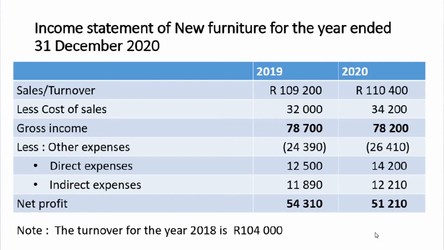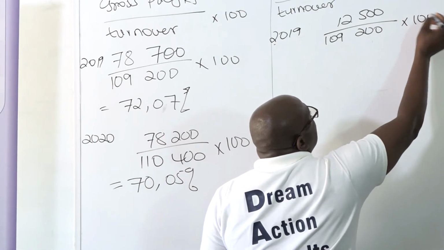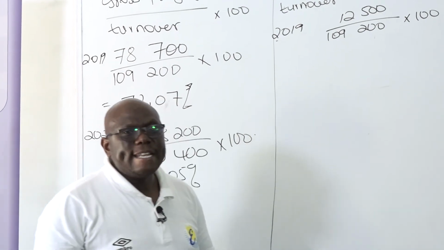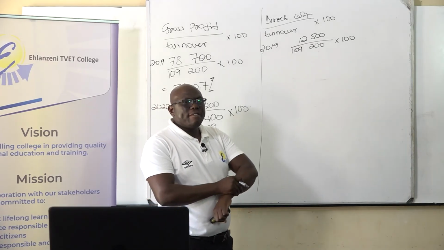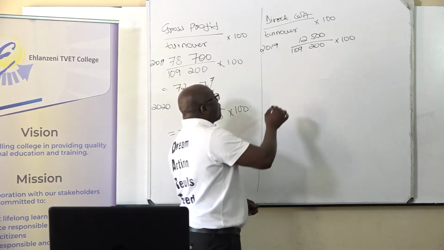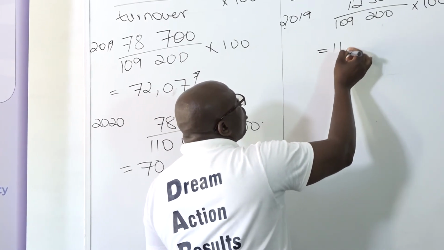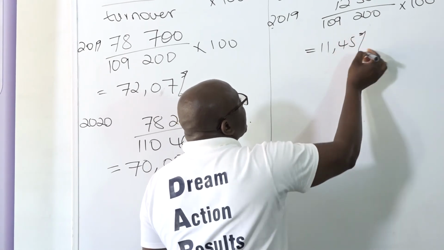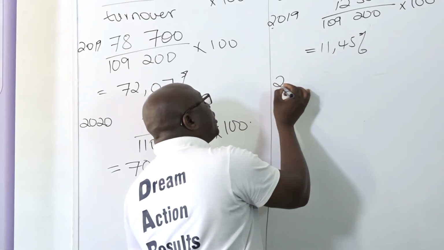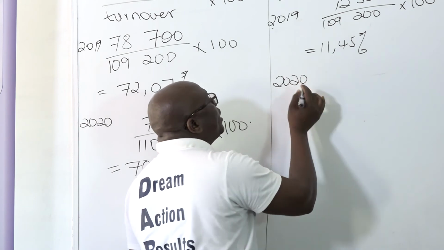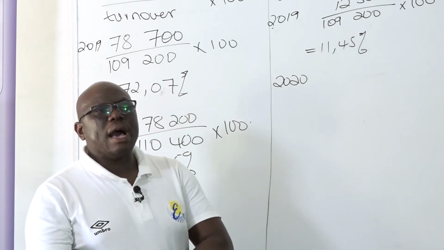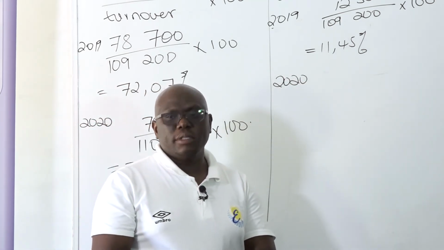We divide by our turnover for the year, which is 109,200. We multiply by 100. Then it gives us 11.45%. Let us check in 2020 how our direct cost performs.